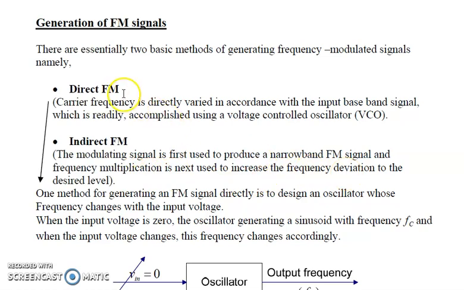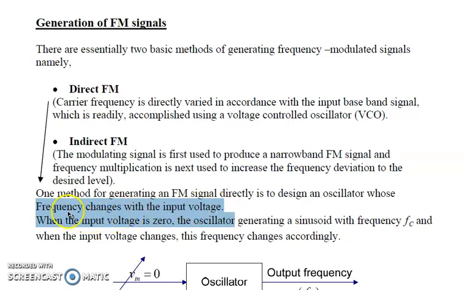Now, taking the direct method, one way of generating the FM signal directly is to design an oscillator. Oscillator means frequency generator. So we have to use an oscillator whose frequency changes with the input voltage. What is a voltage controlled oscillator?